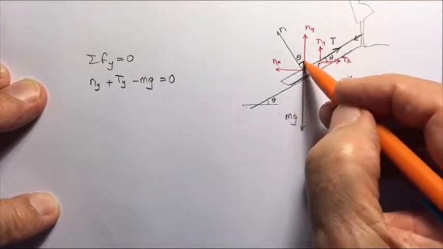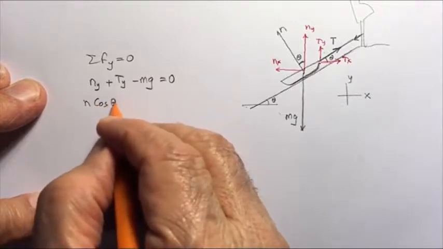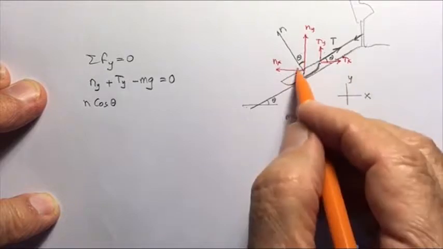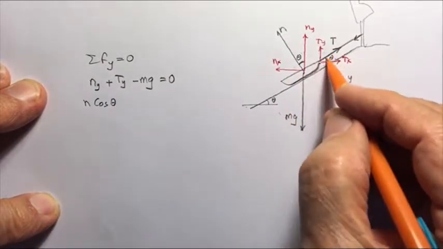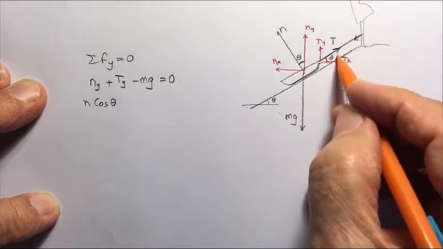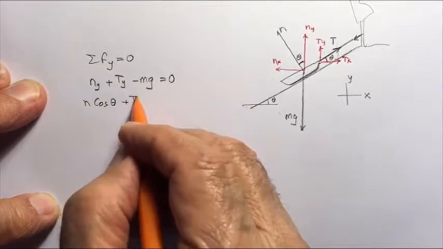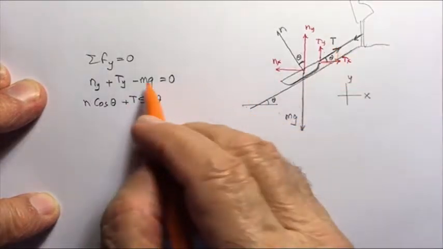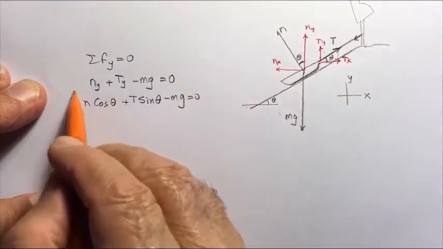Now Ny, that angle is theta, is going to be N cosine theta. So the y component is cosine theta because that's the angle theta, not this one. And Ty is going to be, that's the angle theta, so Ty is the opposite, so it's going to be T sine theta and mg. So that's one equation.